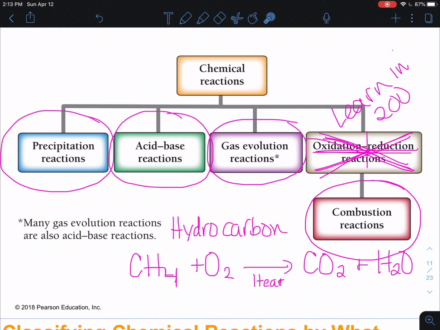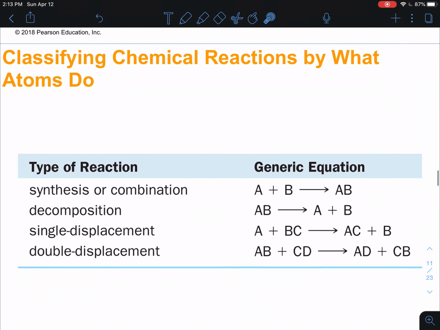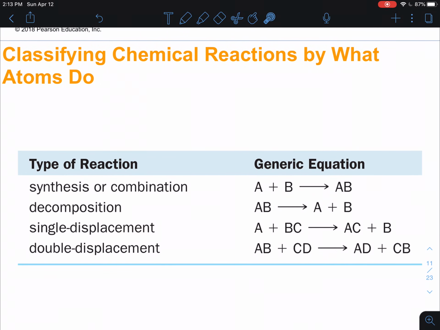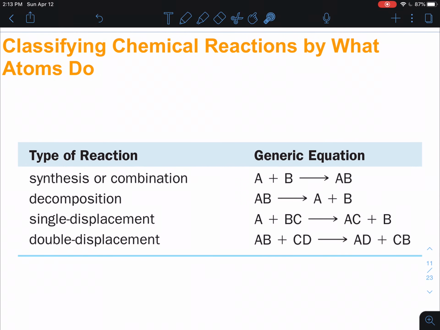All right? So we've learned precipitation reactions. Now we know acid-base. Now we know gas evolution reactions and combustion reactions. Okay? So there's another way of classifying chemical reactions, and we do that by what atoms do. You probably have heard double displacement reaction by now.